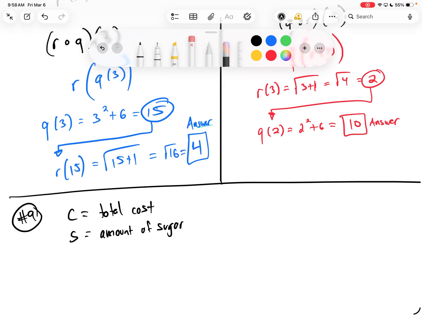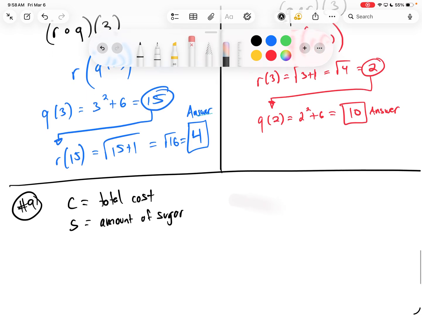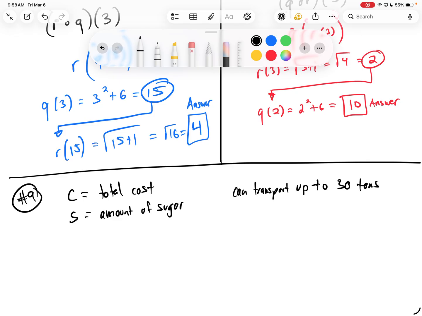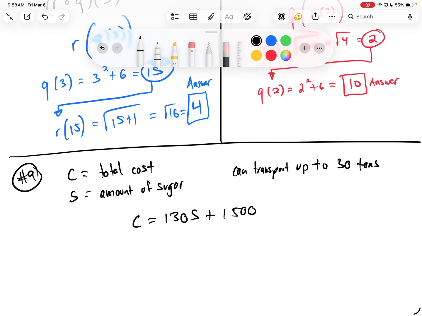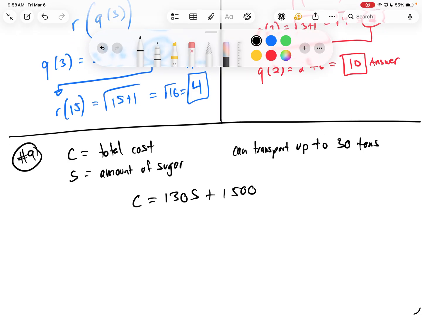The company can transport up to 30 tons of sugar. Suppose our formula is given by C of S equals 130S plus 1500, which gives C as a function of S.